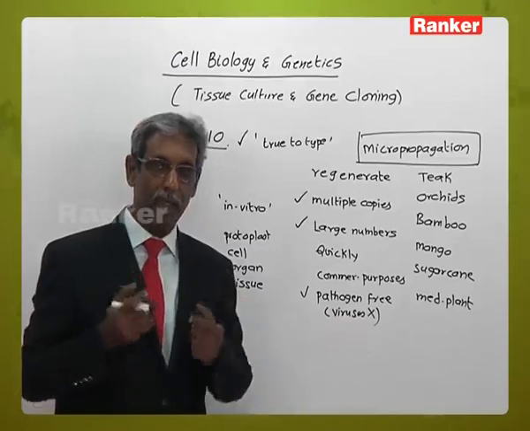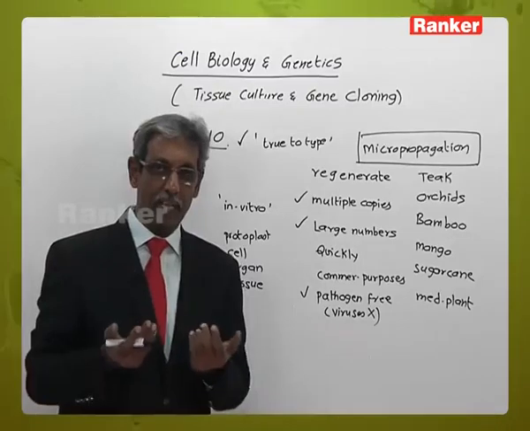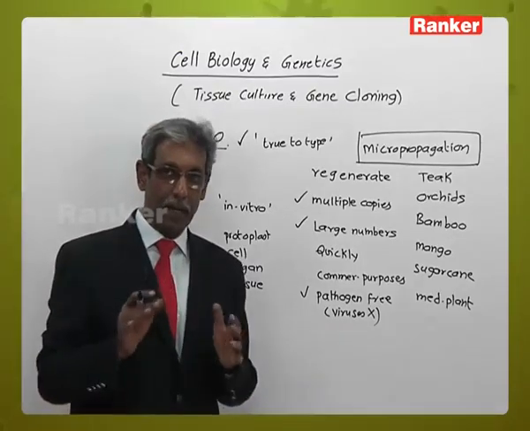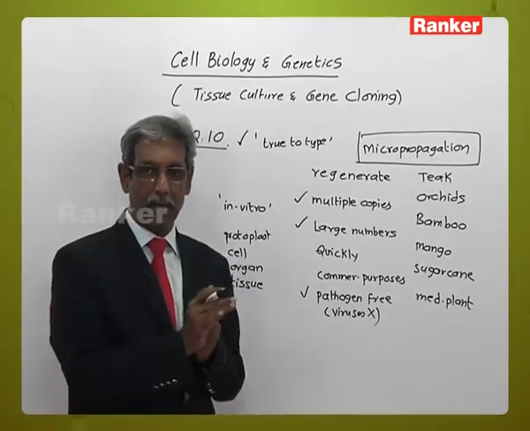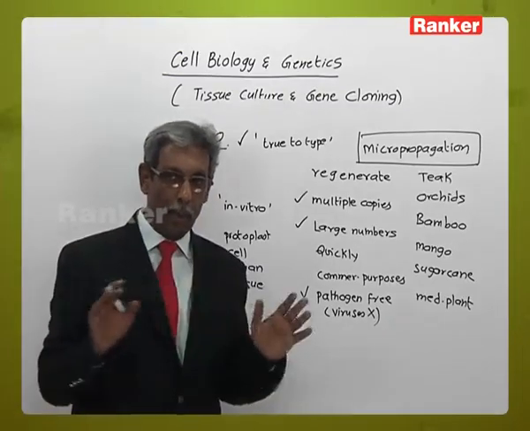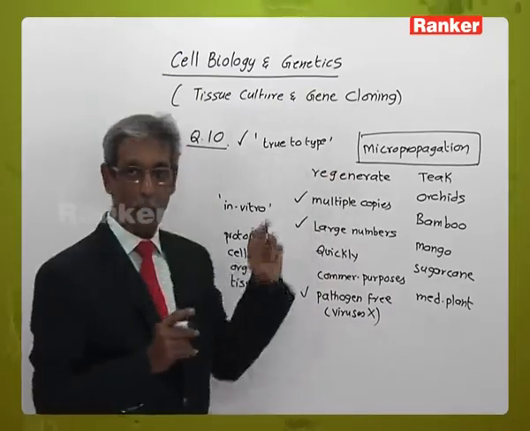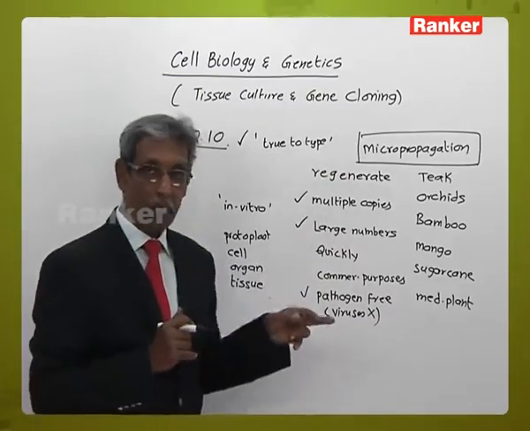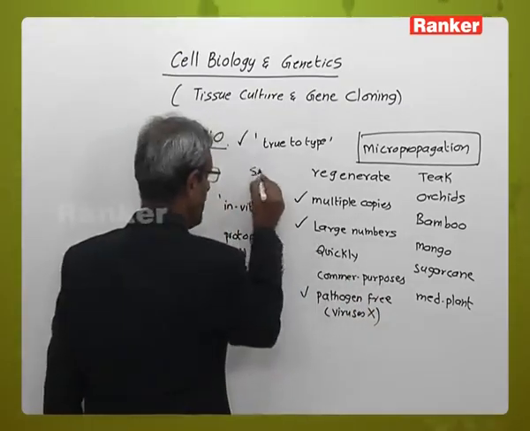If you want to reclaim the deserts or wastelands, or you want to build a barrier with relation to winds and natural calamities, and you want all the plants to be of the same type, then you proceed by the technique of micropropagation.